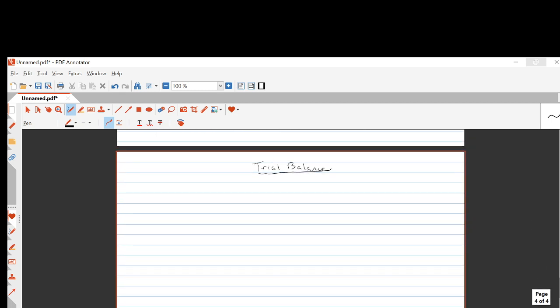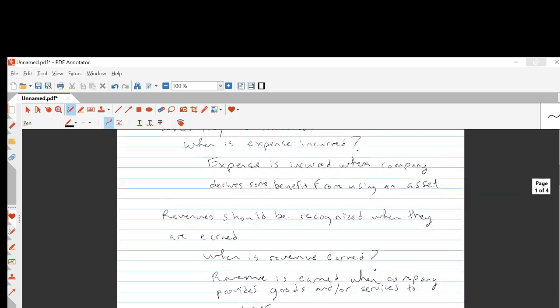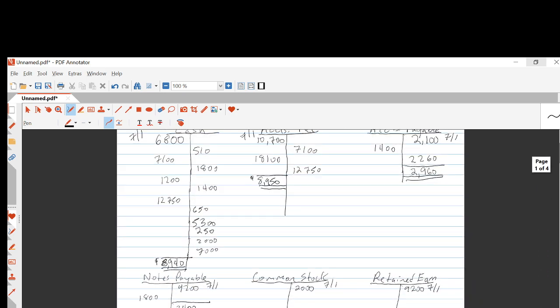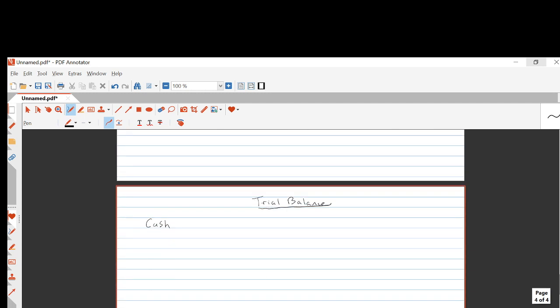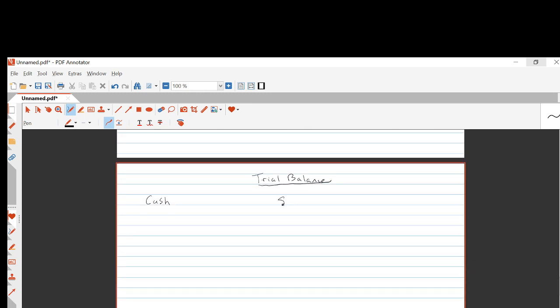We'll start with cash and its balance, according to our calculations, $8,940. So I'll put debit here: accounts with debit balances, accounts with credit balances. After cash, we'll do accounts receivable.